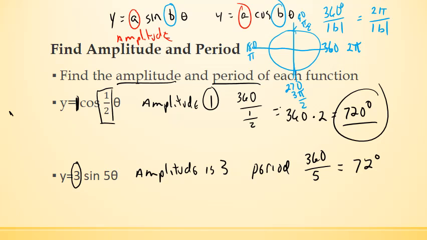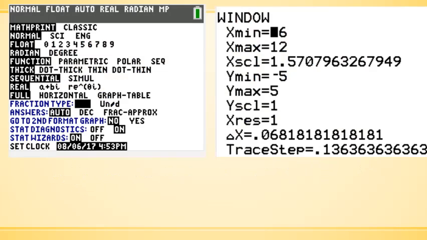So I'm going to move over here to the next slide. One of the first things we have to think about is the mode key, which is up by the second button underneath the window button. You want to make sure that you're in radians.